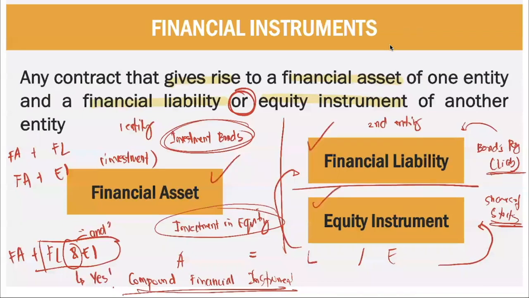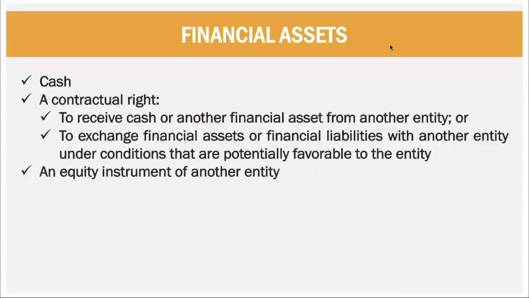So let's define now a financial asset. So what is a financial asset? The definition provided by this standard, which is PFRS 9, provides you an enumeration. So the definition here is more of an enumeration type rather than an exact definition, just like your financial instrument a while back.